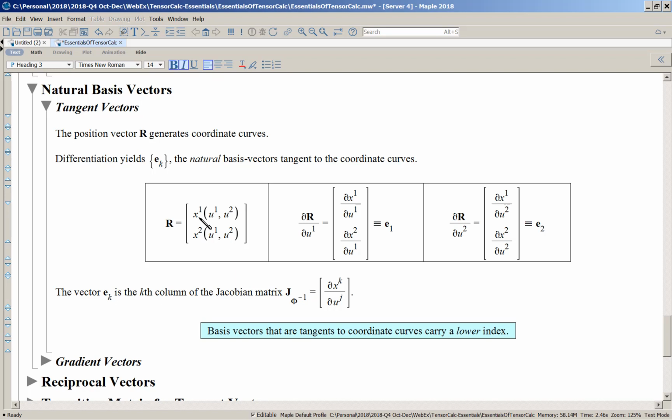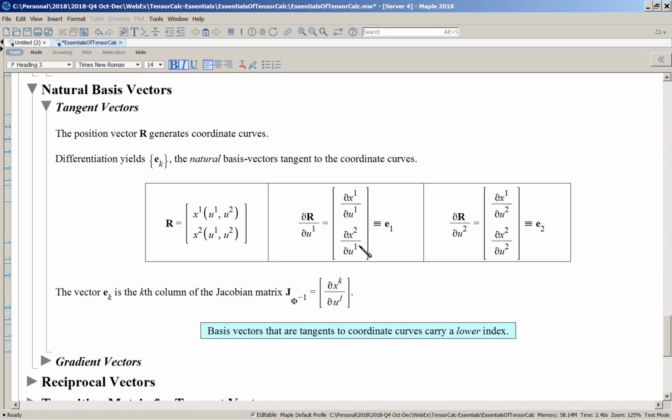And we're differentiating with respect to r first, and then we're going to differentiate with respect to theta second. So this is what these derivatives will look like. And so this vector is E1 and this vector is E2, and they're tangents to the coordinate curves.